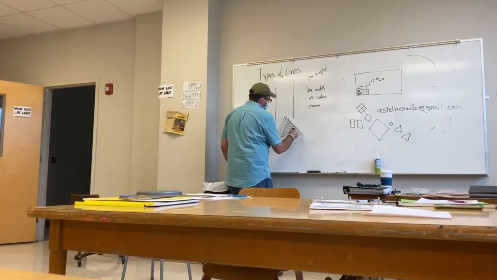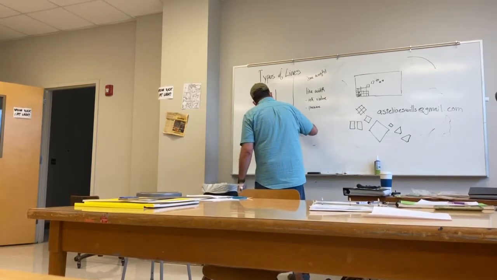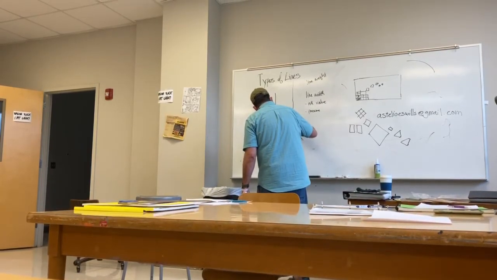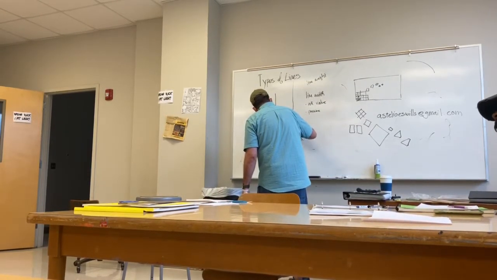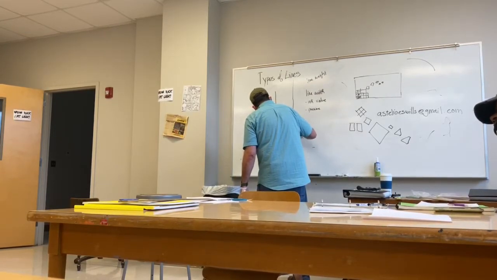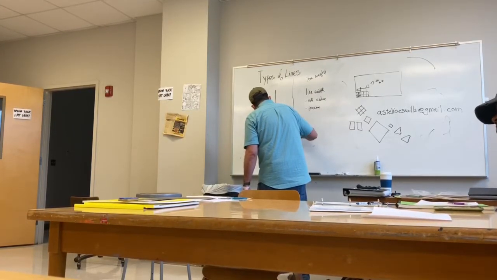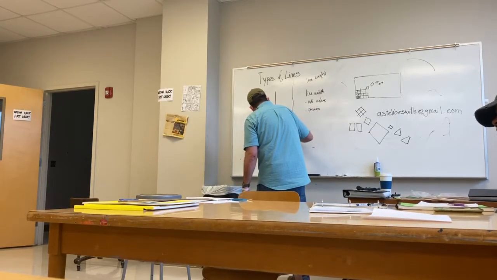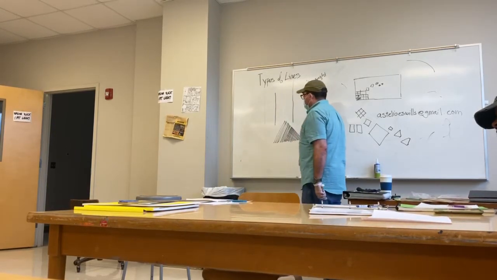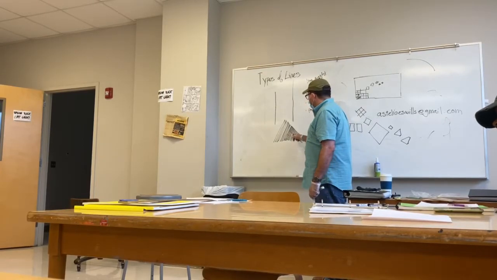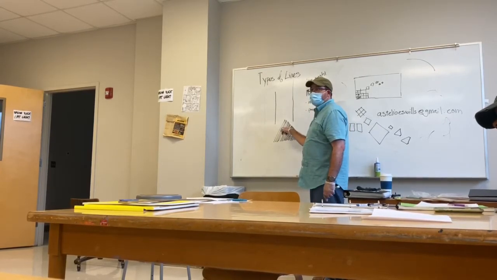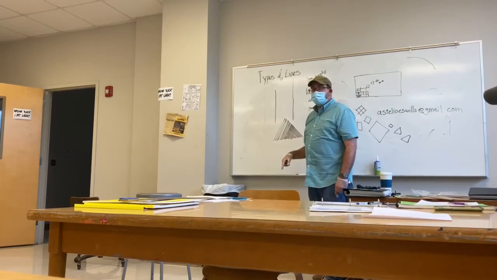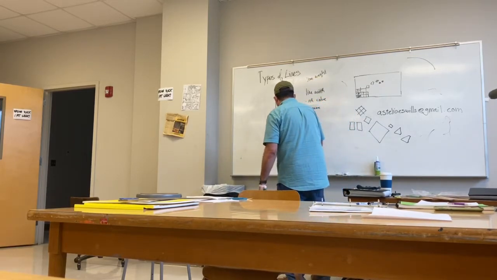Let's make two triangles. Does everyone see how this is darker than that? And then we could do it some more.